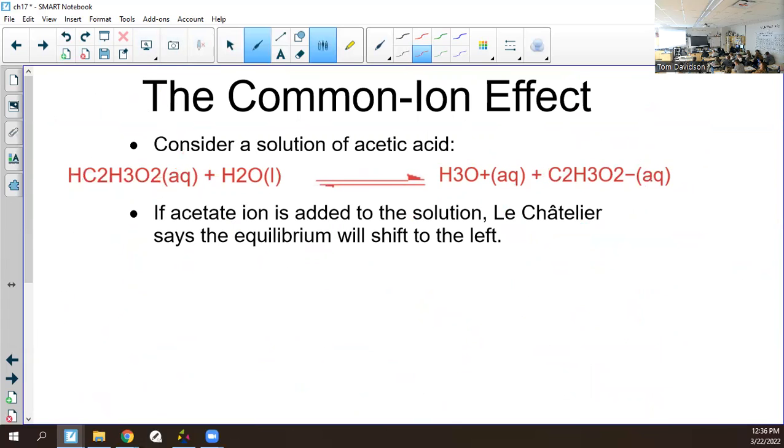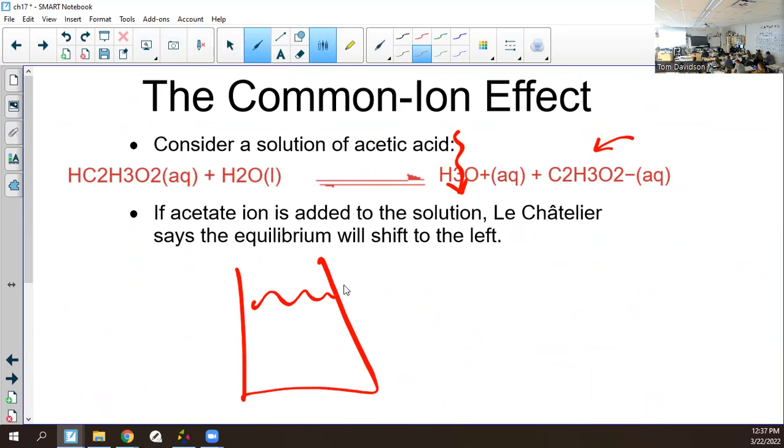Okay, so this is our common ion. We added it. That caused this to do what once again? Go down. So now in my solution, what do I have in here? All right, I have HC2H3O2.